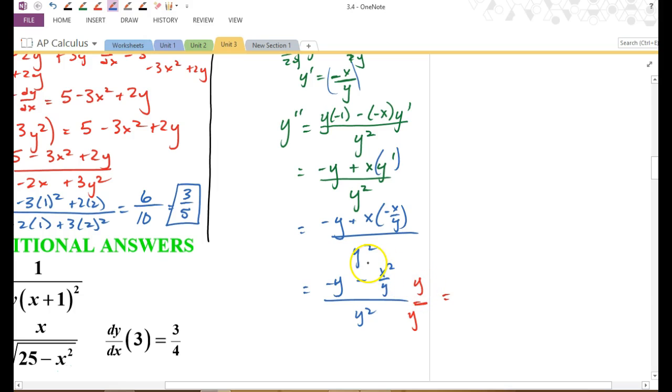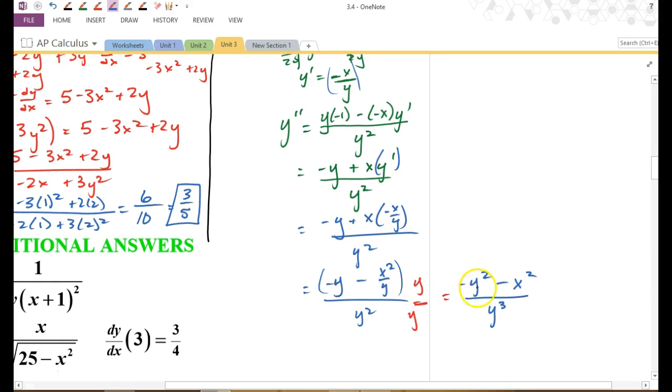So think of it like this, I'm distributing this through. Y times negative y is negative y squared. On the second term, well, I keep writing that as a plus, excuse me, minus. Okay, if I multiply this, x squared over y times y, the y's cancel and I'm left with x squared. On the bottom I have y squared times y is y cubed. Okay, so I'm getting closer. Now I have it in terms of y's and now an x.